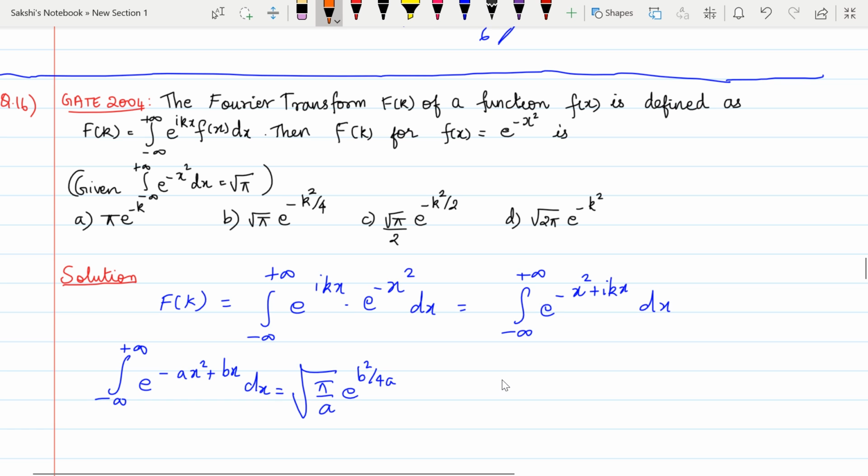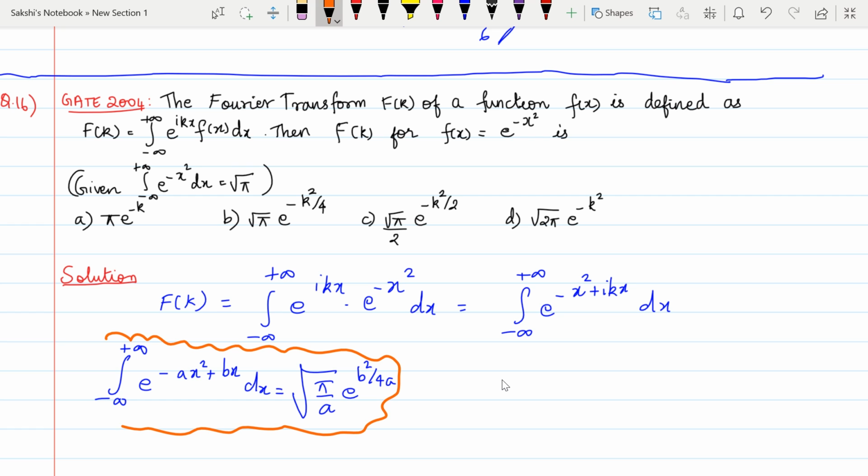So this is a new formula. I'm not going to use the given gamma function because this is going to take me a very long step to complete the solution. For the GATE exam, it's only for 2 marks, so I think this will be a better choice of formula. When you know this formula, you can directly substitute in the formula.